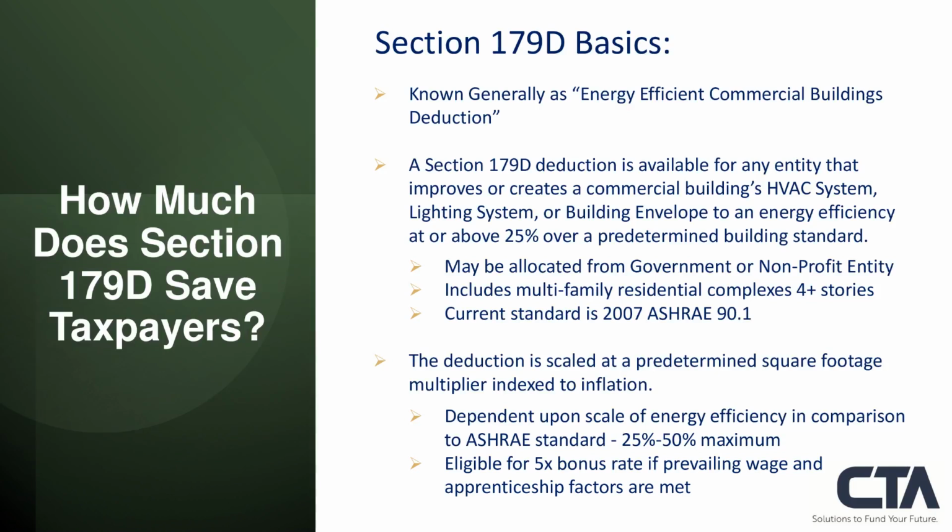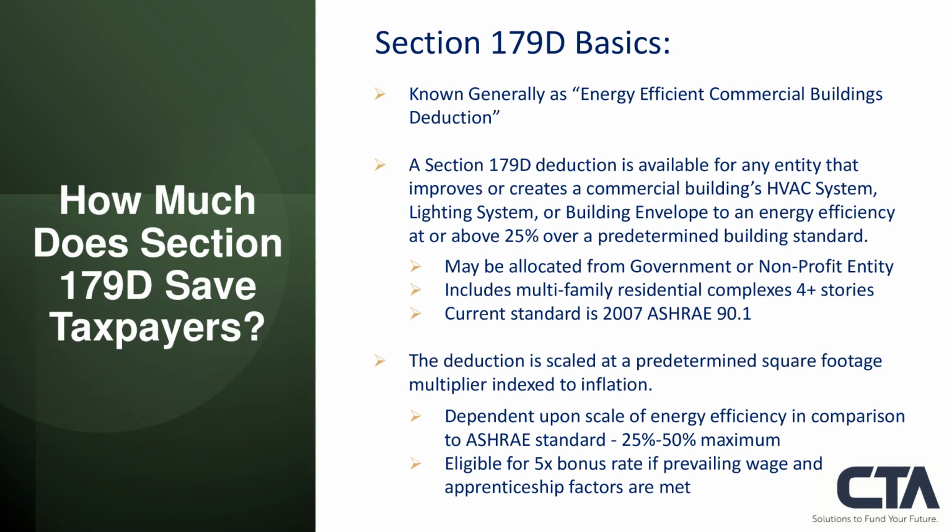But the main focus is on the HVAC, the lighting system, and the building envelope system, and how it relates to a predetermined ASHRAE standard that it takes to qualify. The ASHRAE standard that we're looking at is 90.1 2007, and the scale you have to look at in terms of energy efficiency savings is anywhere from 25% all the way up to 50%. And with the Inflation Reduction Act now in play, there's a 5 times bonus rate if you meet certain criteria like prevailing wage and apprenticeship factors.